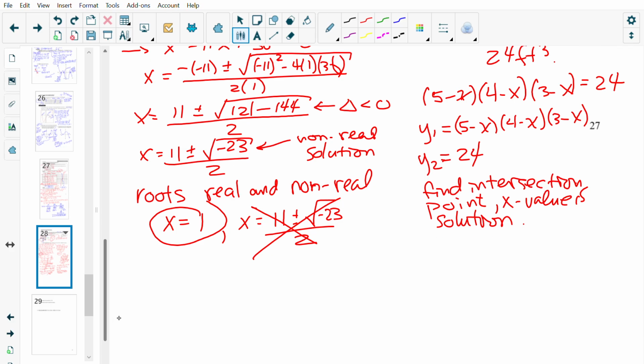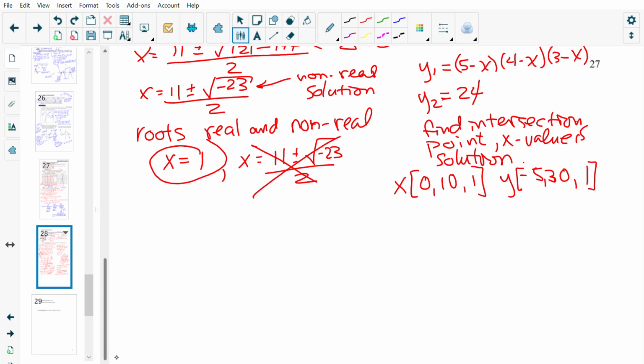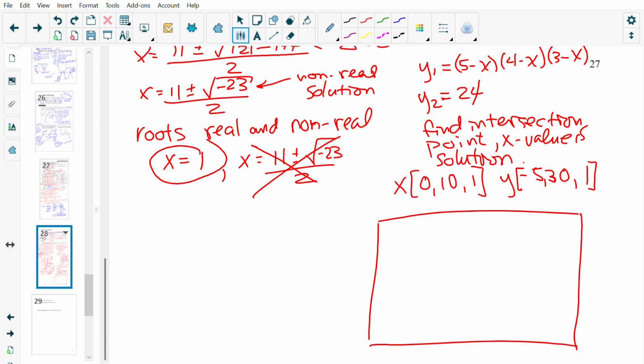Okay, let's do that. So try that, pause here, try this on your graphing calculator. My window, I have 0, 10, 1. Okay. And this is what my screen would look like.